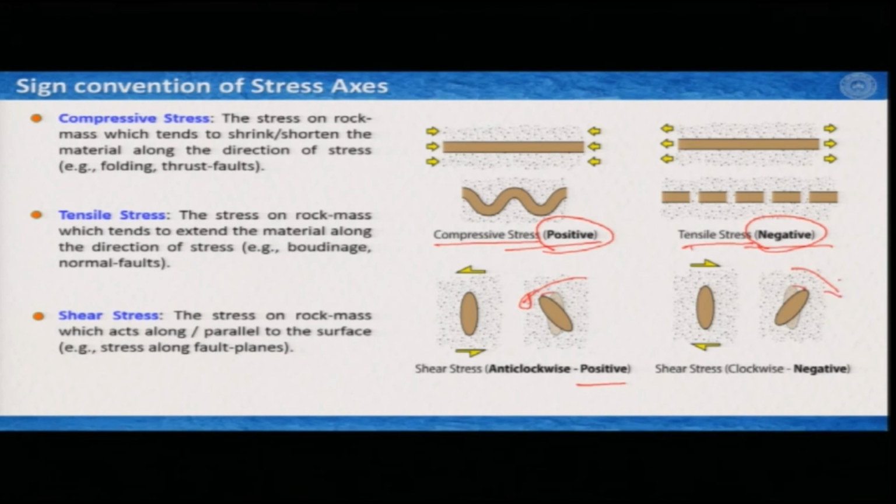If it rotates clockwise, then we call it negative. Though generally in structural geology we do not call it positive or negative; when the top part goes towards your left side, we call it sinistral, and this one we call dextral. We will learn about it soon.